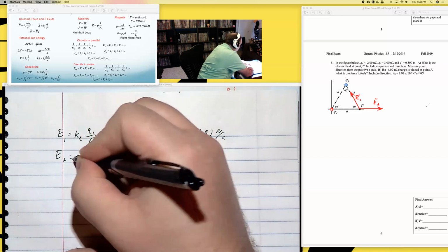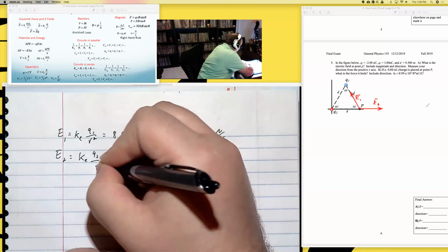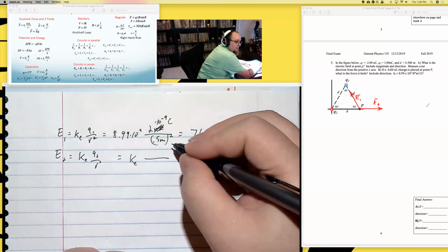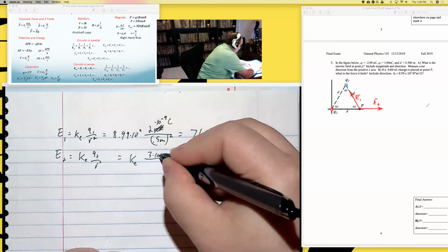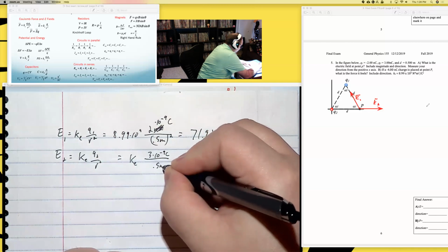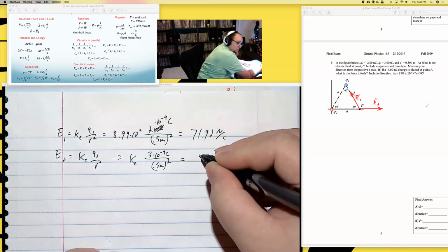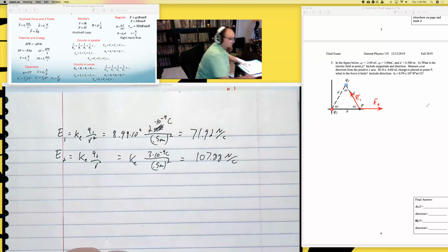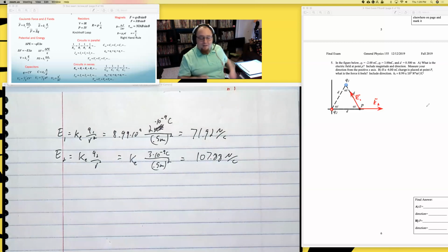E2 is just KE Q2 over R squared, or KE times 3 times 10 to the -9 coulombs over 0.5 meters squared, which is 107.88. Now, if I want to add these vectors, I'm going to have to take this E1 and say it's up and to the left.